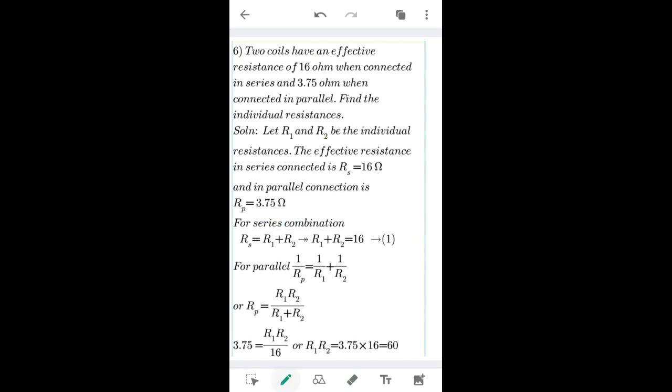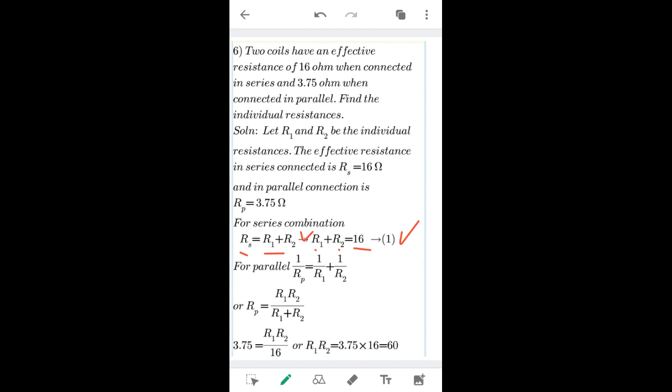According to the formula of series combination, Rs equal to R1 plus R2, as you have studied in the theory. Then R1 plus R2 equal to, as we don't know what R1 and R2 are, but the series effective resistance is given, that is 16 ohm. So let us consider this as equation number 1.